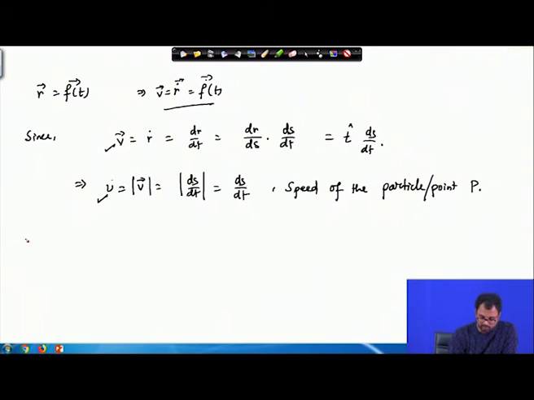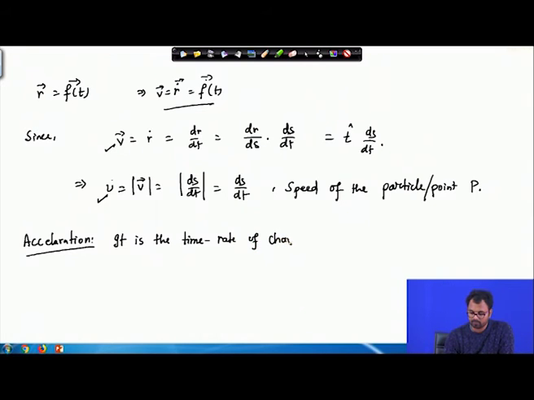So, after speed we have acceleration. Acceleration is defined as the time rate of change of velocity.